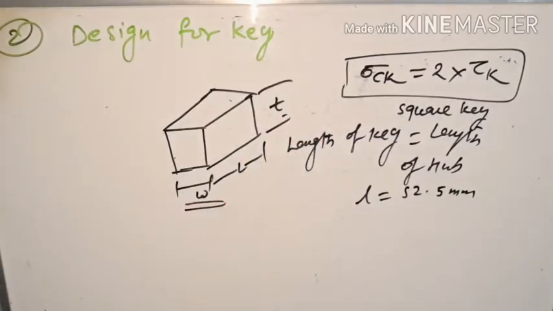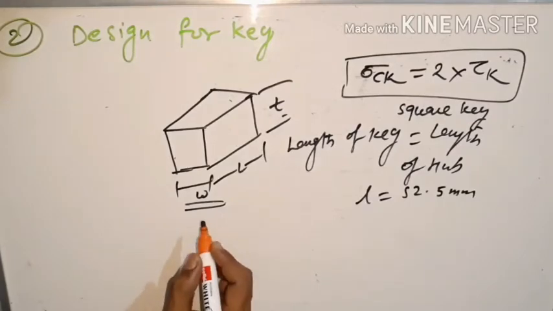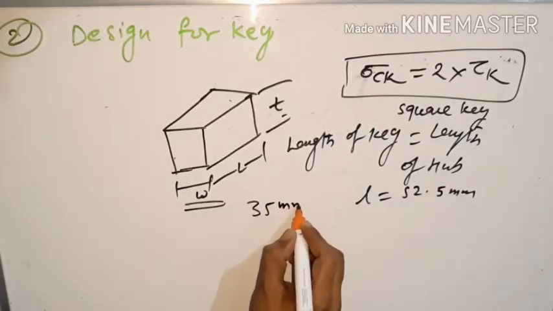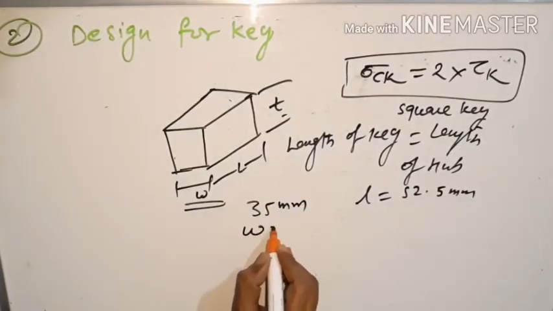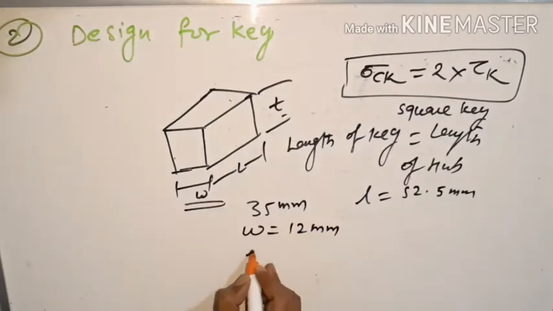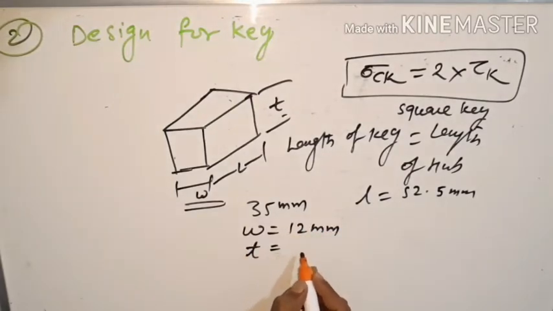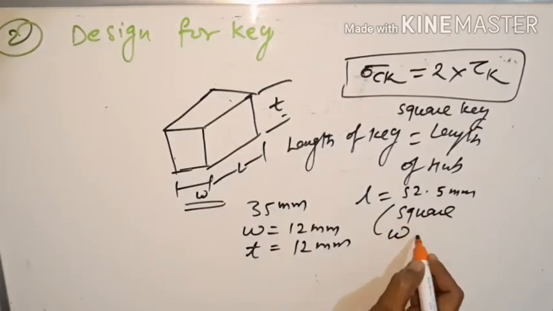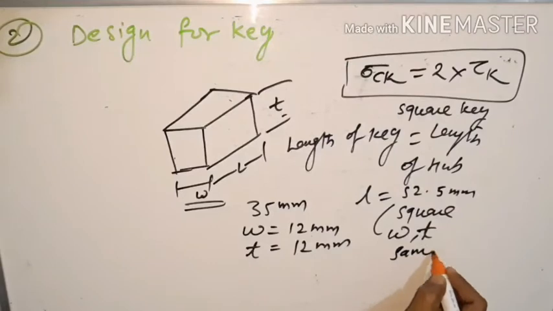It is a fixed value and is taken from the design data book. If you check this value from your design data book, then you find for the shaft diameter of 35 mm, the value of width is around 12 mm and thickness is around 12 mm, because in the condition of square key the width and thickness are the same. Okay, so 12 and 12 for both. Okay, and length of key is 52.5 mm.